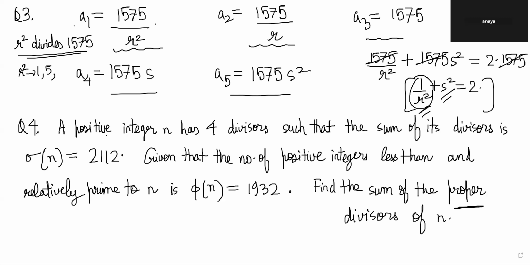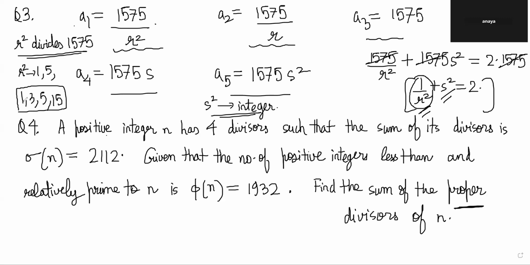So R square possibilities are actually 1, 3, 5, and 15. 3 is also there. All of these cases will work because 1 by R square is anyway smaller than 2. But not all of these cases will work to keep S square an integer. You have to check when S square is also remaining an integer.